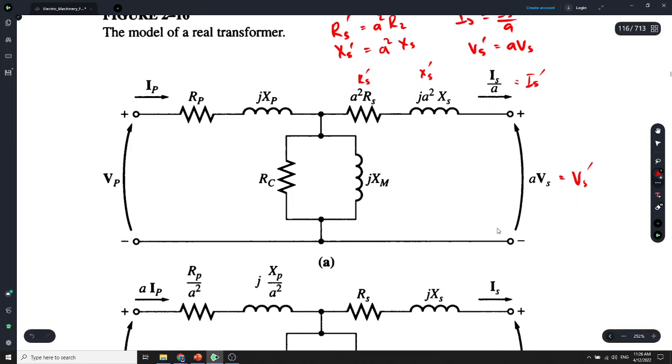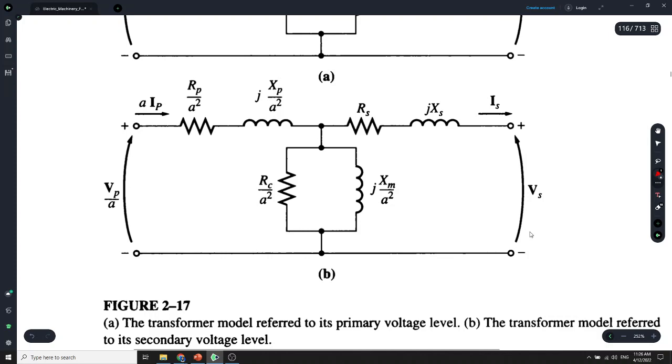The one below is where you transfer the primary side to the secondary side. This is VP prime, this is RP prime, and this is XP prime. Also this one you need to transfer, equal to XM prime.